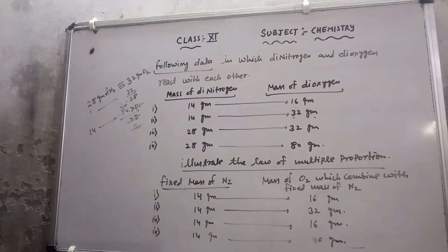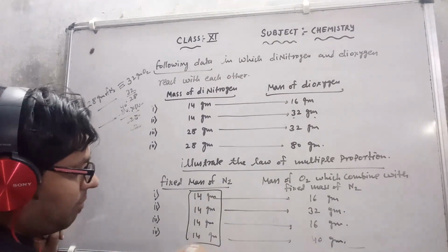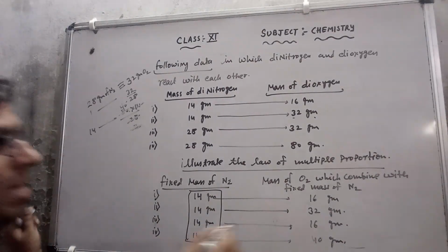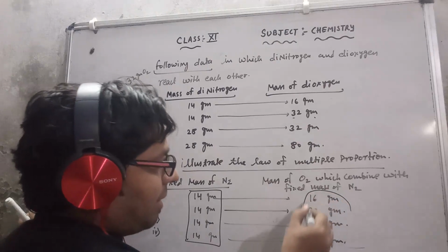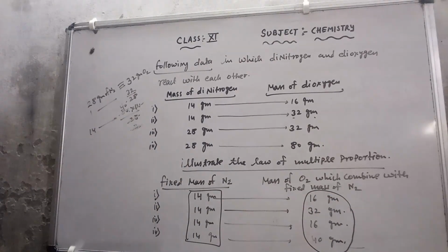So that means here you can check these four have the fixed mass of nitrogen, that is 14. So whatever mass of oxygen they combine with should be in a simple whole number ratio. Let's see if they are in a simple whole number ratio or not.